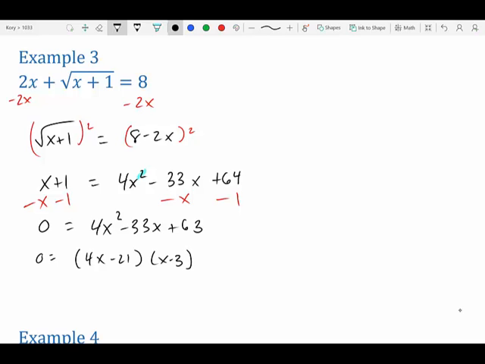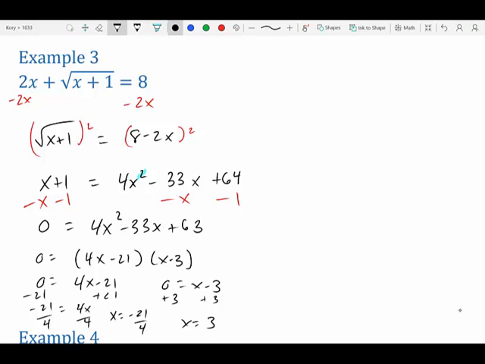Now we're going to set each of these equal to 0. So we have 0 equals 4x minus 21, and 0 equals x minus 3. So solve for x in both. I'm going to go fast through here. So we have x is 21 over 4, and x is 3.